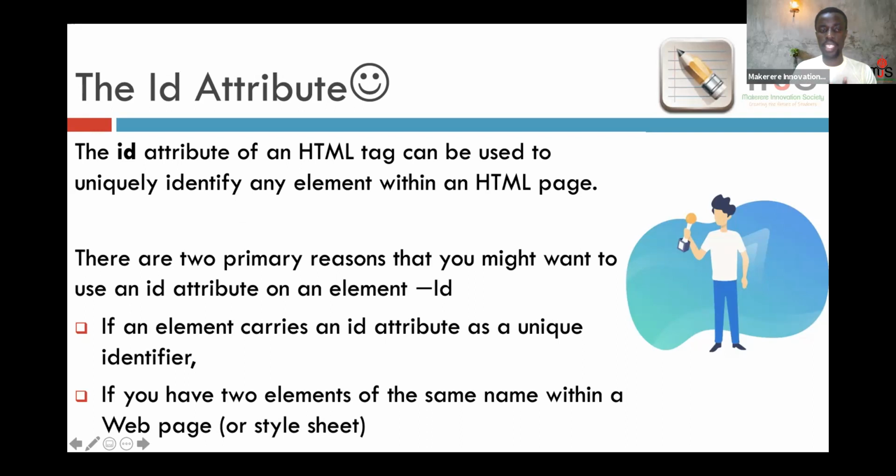One reason is that the element carries an attribute as a unique identifier to uniquely identify some feature on your page. The other reason can be if you have 2 elements of the same name within a web page, for example, age and age.